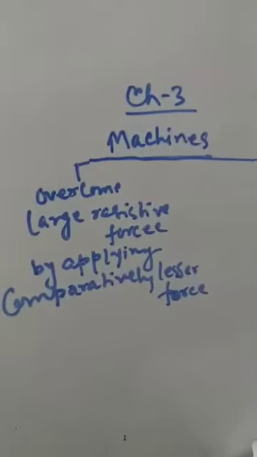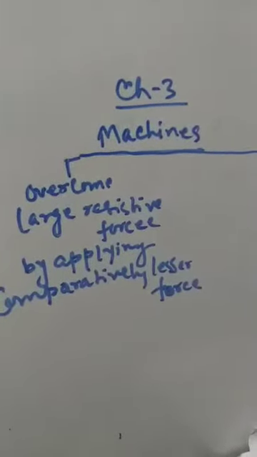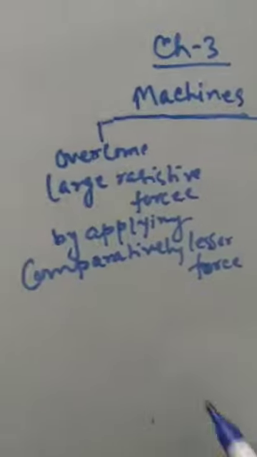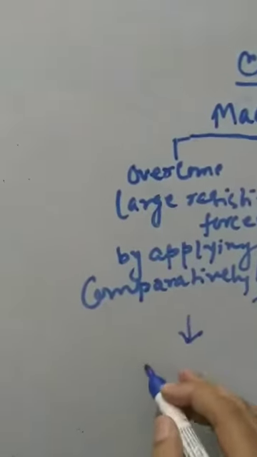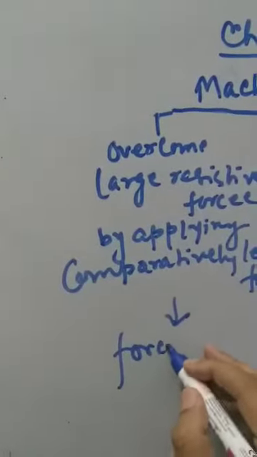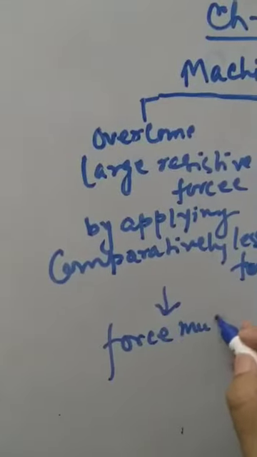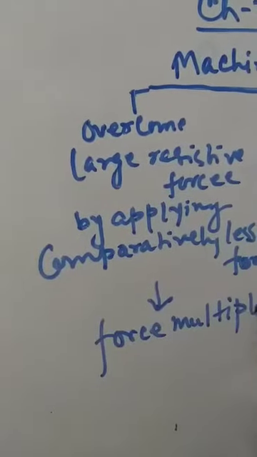That means you have to overcome a greater force, but you have to apply a smaller force. In this case, the machine is called a force multiplier. I will give you the examples.